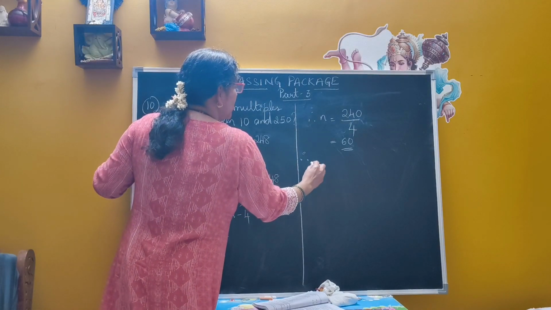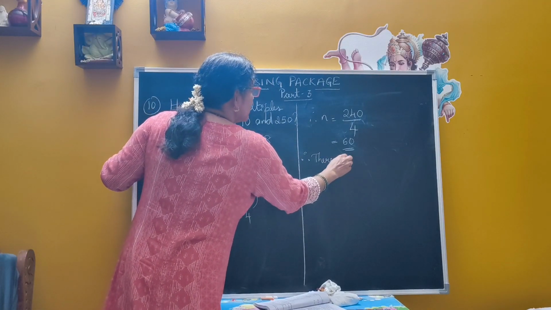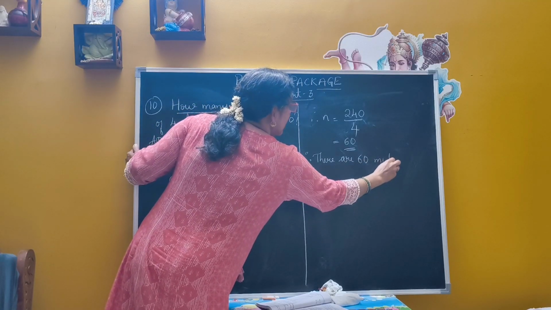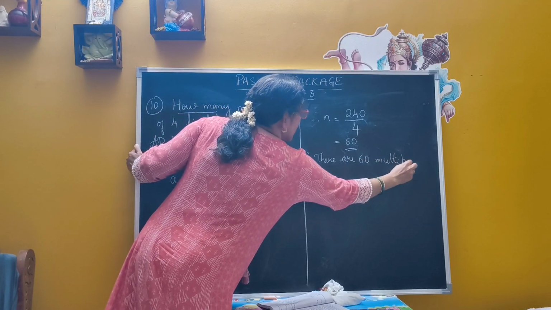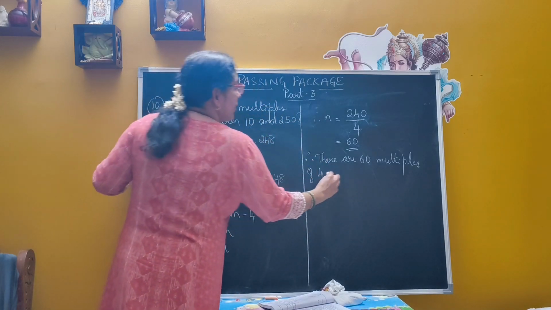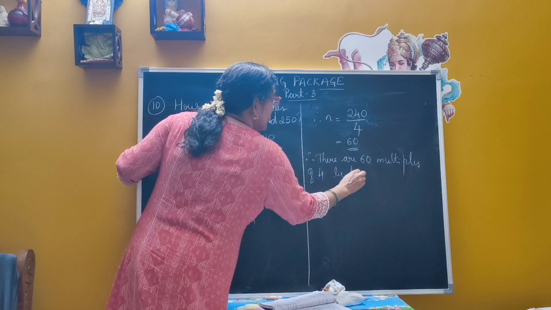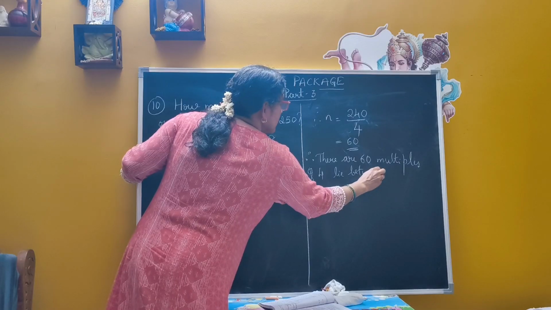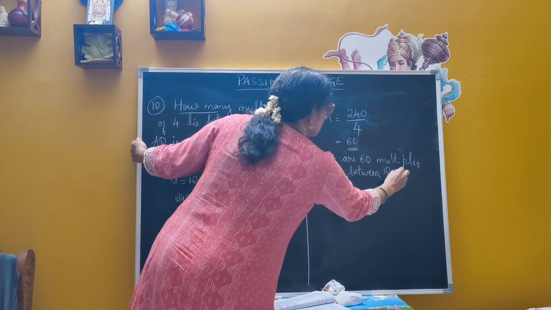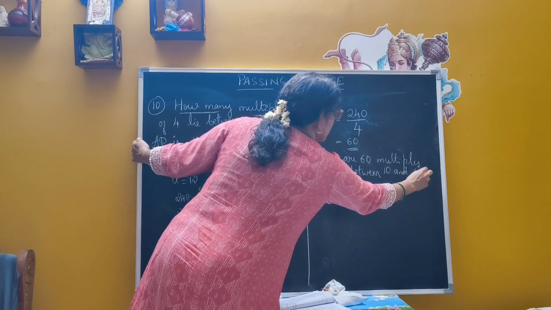Therefore, the conclusion is there are 60 multiples of 4 between 10 and 250.